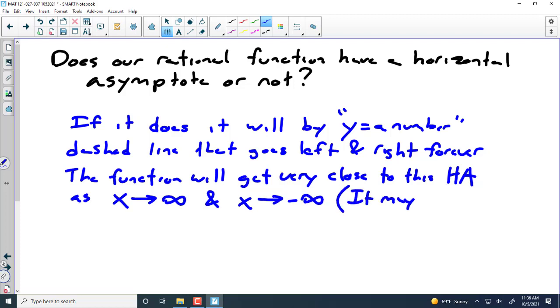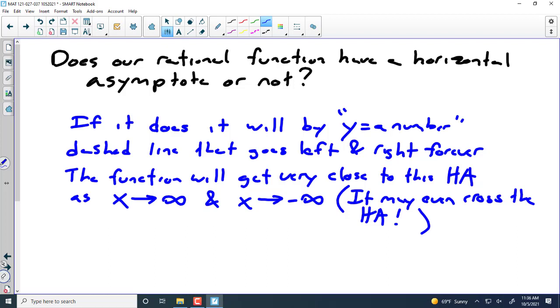It may even cross the horizontal asymptote. You can touch one of these. You don't always touch one of these, but you can.